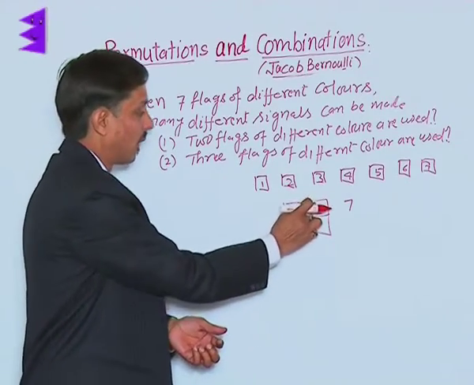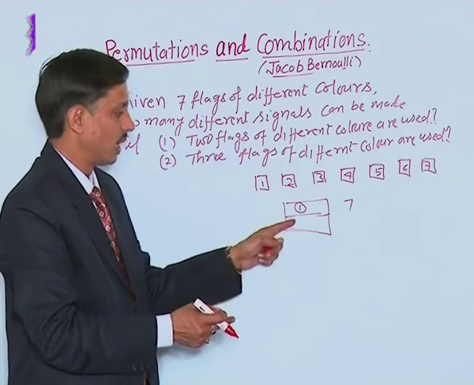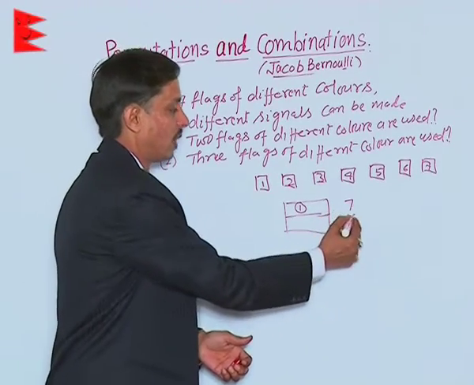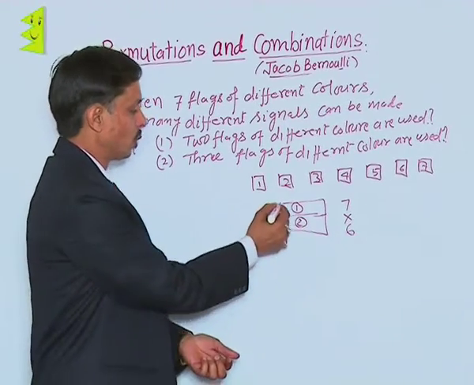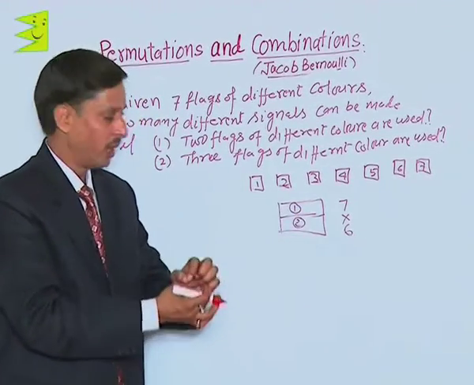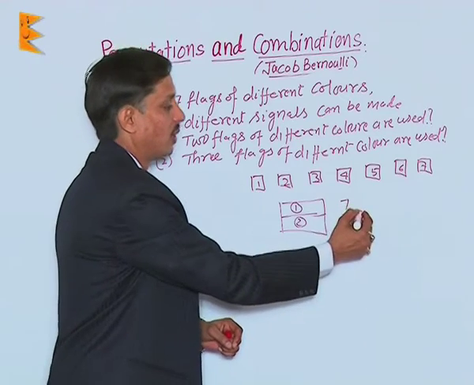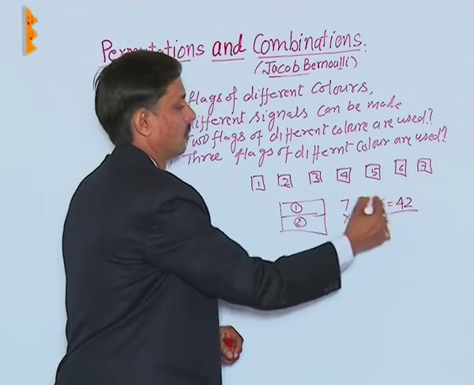But whatever flag is used, we cannot use the same one again to make a signal. For the second one, we have 6 choices. So to make a signal using 2 flags of different colors, we obtain the answer 7 into 6 equals 42.